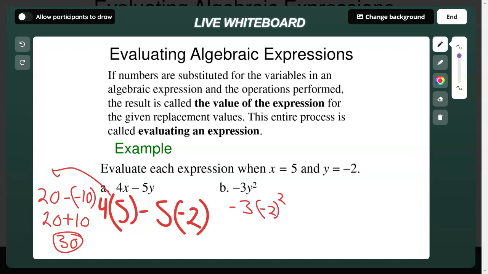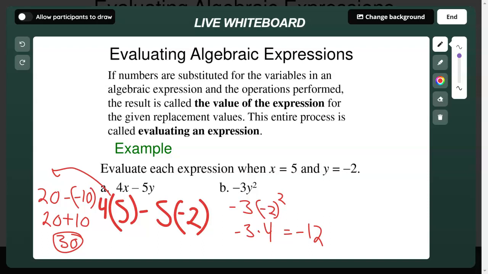Not multiplication. The exponent, the square. So negative 3 times, what's negative 2 squared? 4. Positive 4. Negative 3 times 4 gives me negative 12. Okay?